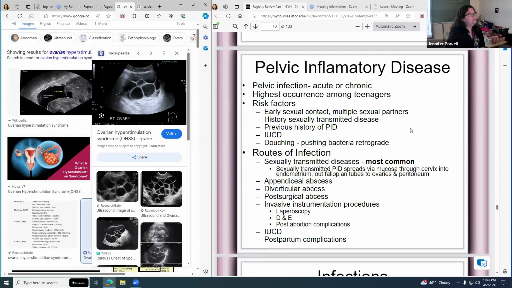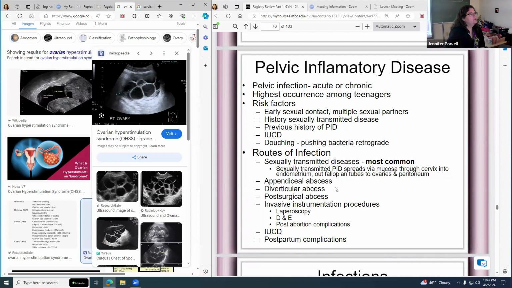Routes of infection. STDs are the most common source of PID. Spreads via the mucosa through the cervix into the endometrium, out of the fallopian tubes to the ovaries and peritoneum.